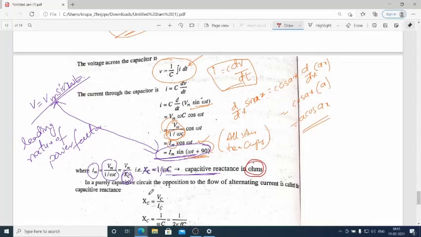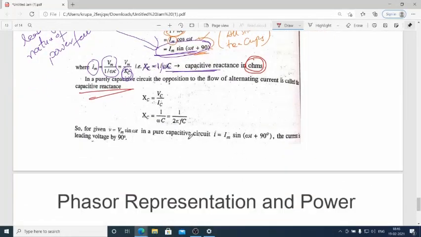In a purely capacitive circuit, the opposition to the flow of alternating current is called capacitive reactance. So Xc is equal to Vc upon Ic, Xc is equal to 1 upon omega c, where omega is equal to 2 pi f, so 2 pi f c.